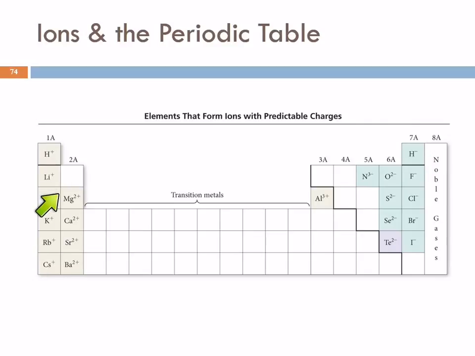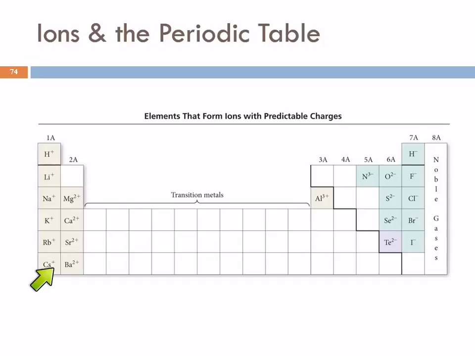These are main group metals. This is group 1A. All of these metals are going to lose one electron. They're going to lose one negative charge, and that's going to cause them to have a +1 charge.